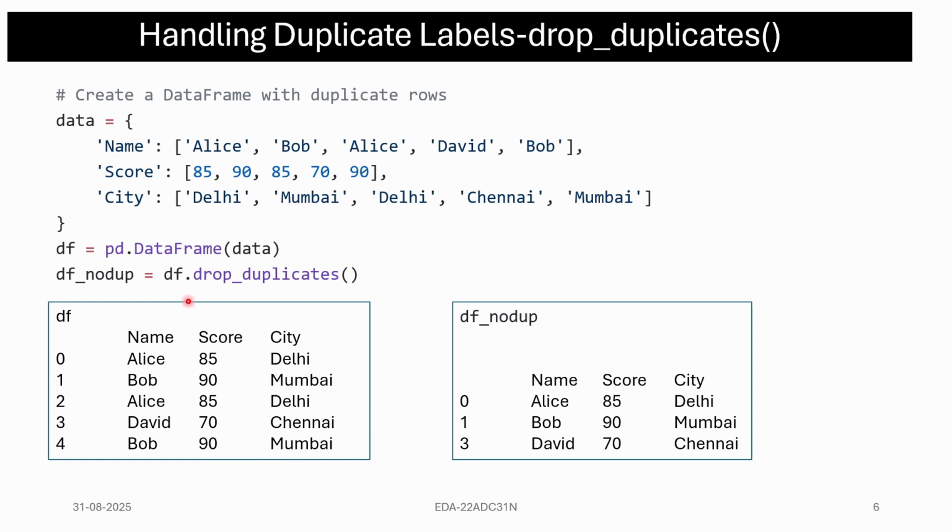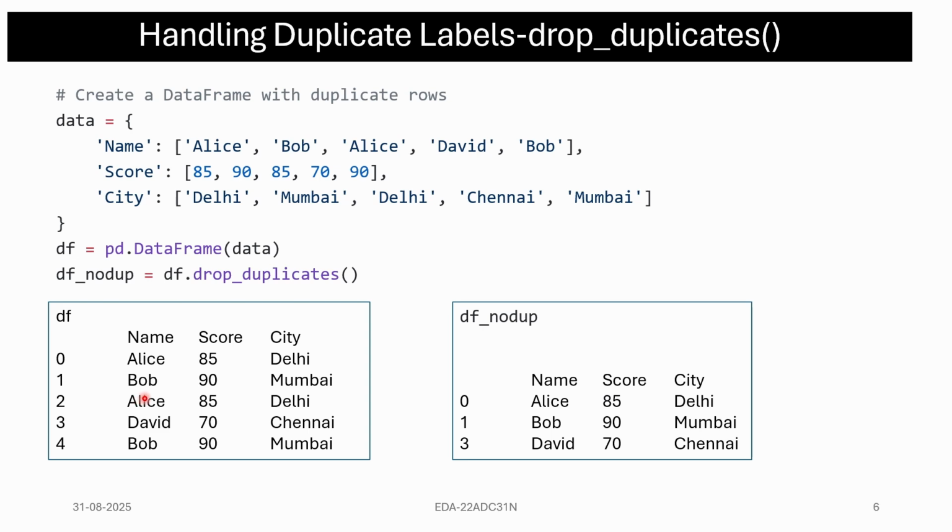Here if you look at the elements, the entries corresponding to Elise and Bob are repeated. So you can use the df.drop_duplicates method so that in the resultant there won't be any duplicates. That is how you can eliminate the duplicate labels, and this method drop_duplicates you can use only when all the elements are same.